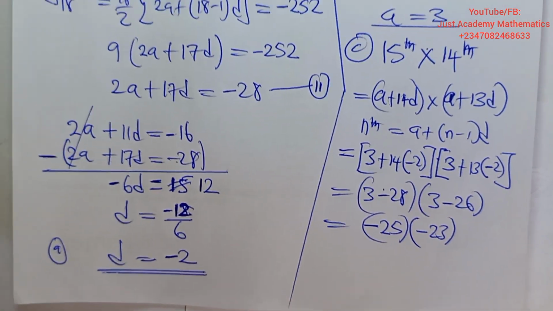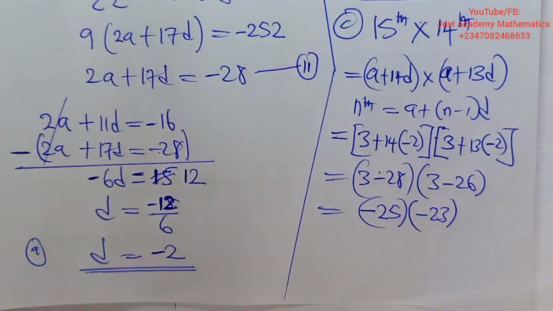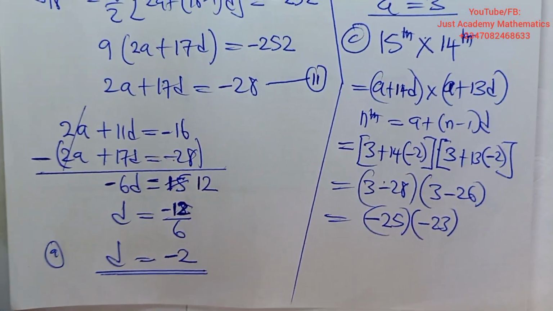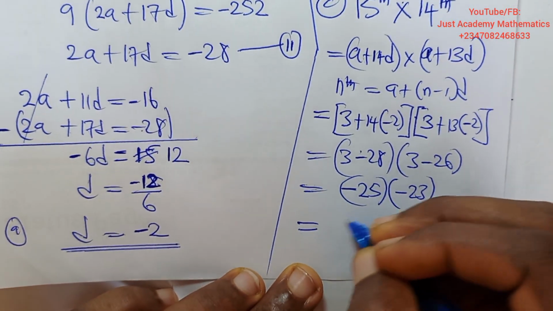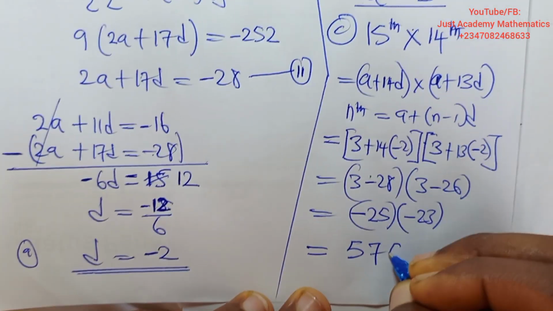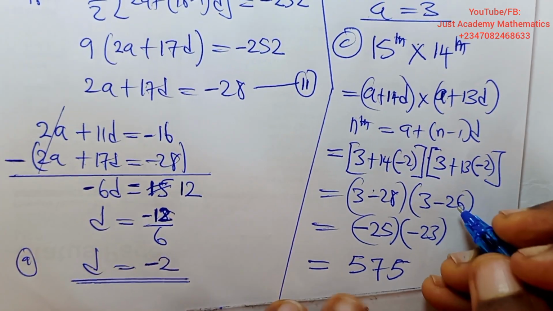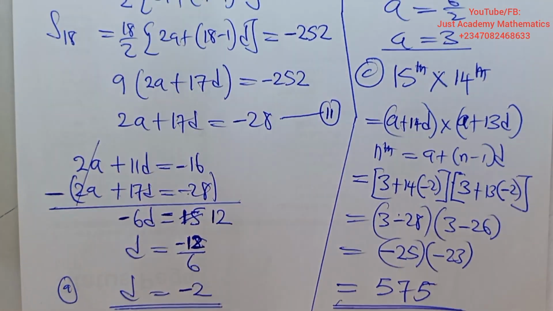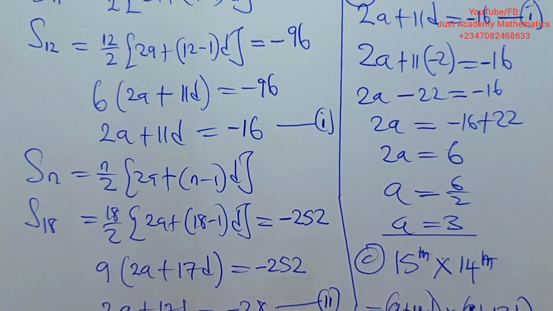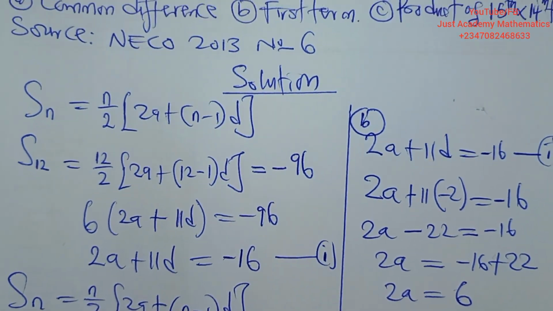So 25 times 23. Minus times minus is plus. So the final answer is 575. That is the product of the 15th and the 14th term.